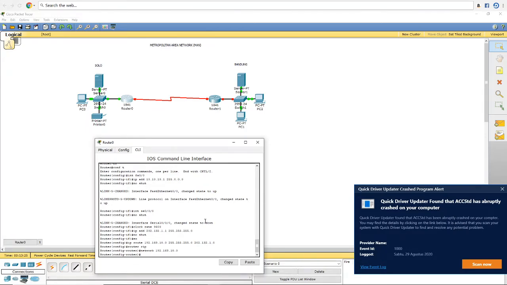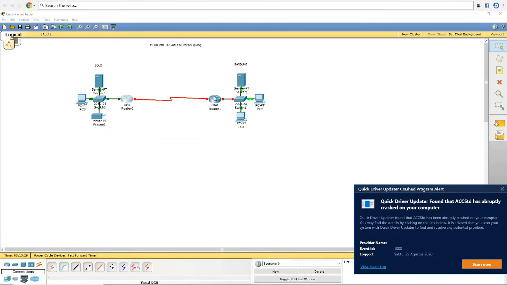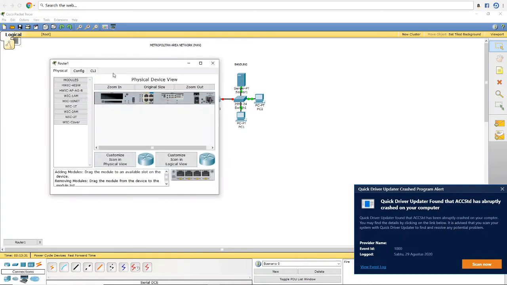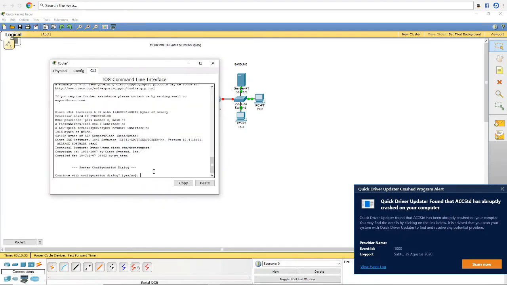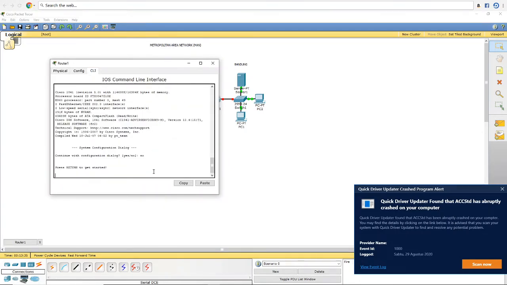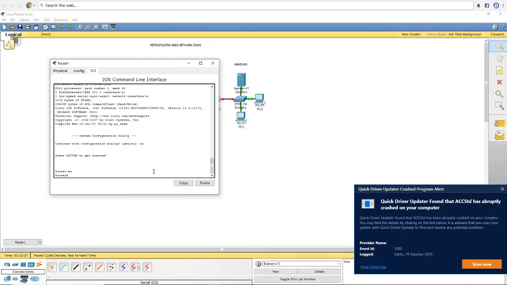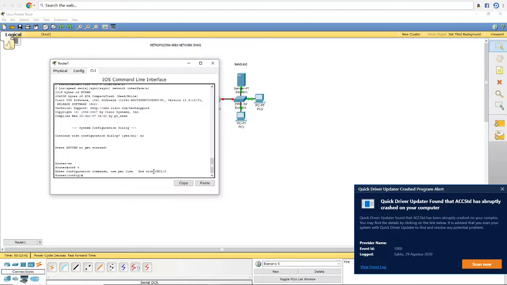If the router configuration is finished, close the CLI command and then go to the next router. Do the same way. Interface FA.